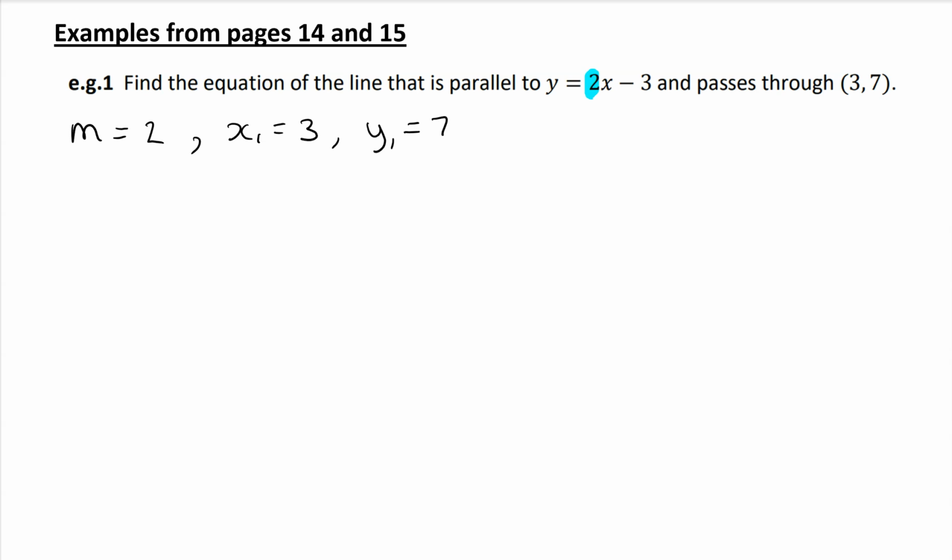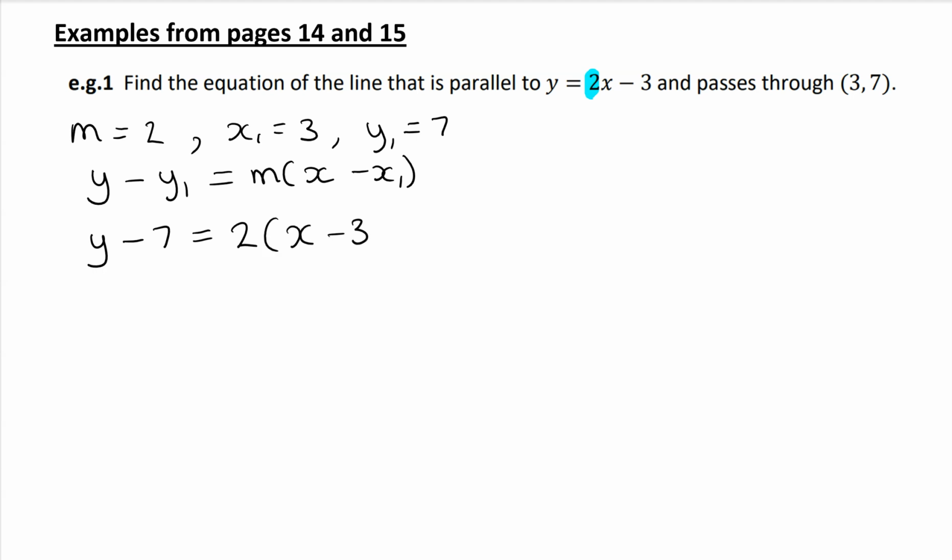So we've got a gradient and we've got a point on the line, so we can just do what we were doing in the last video and use our equation for the line. You can also, of course, use y equals mx plus c if you wish, and then substitute that point (3, 7), whichever way you prefer to do this. So I substitute in y1 as 7, the gradient as 2, and x1 as 3.